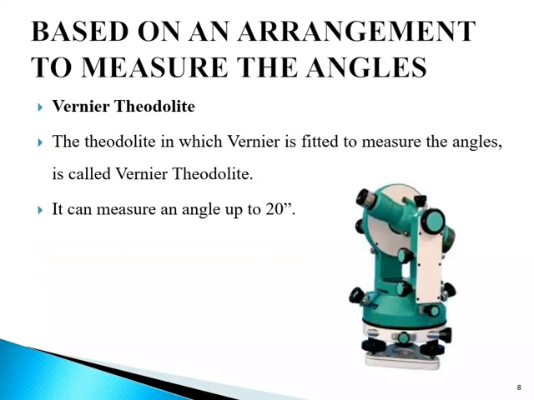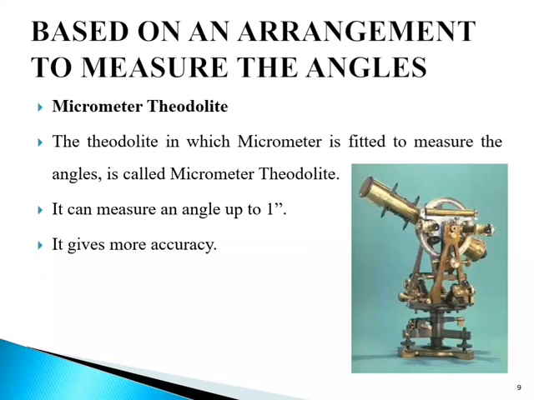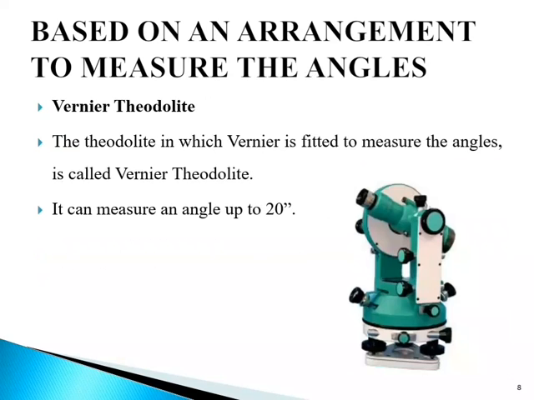Next, based on the arrangement to measure the angle, first is the vernier theodolite. The theodolite in which a vernier is fitted to measure the angles is called a vernier theodolite. It can measure an angle up to 20 seconds. So you can see its image here.